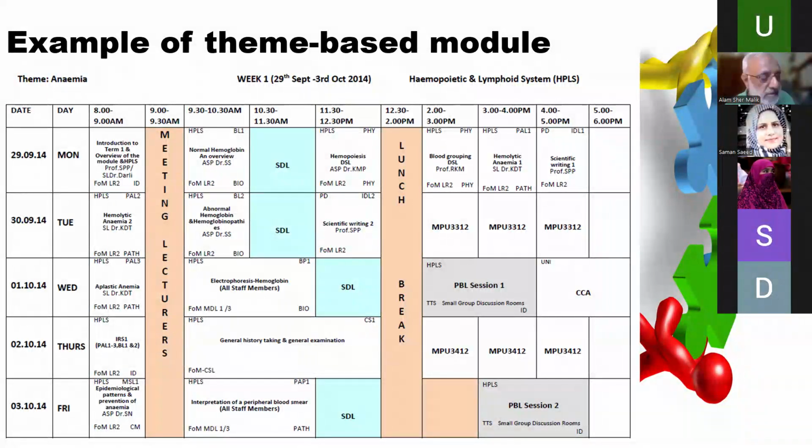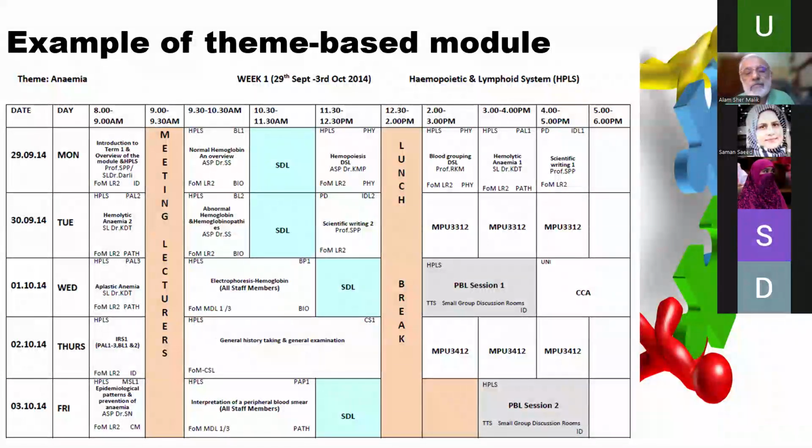So this is one example of how we identify the theme. We may struggle a bit, with some lectures coming earlier and some coming later, but we have to maintain the sequence. This means that we cannot change the sequence. We cannot change the topics.